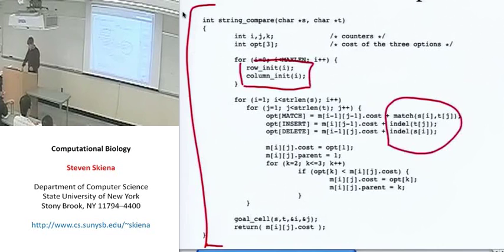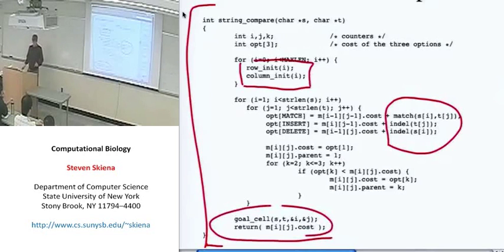You can specialize it by the cost to delete a character, to insert characters, or substitution costs. And there is one final customization that you can do, which is where is the end cell that ultimately has your answer in the matrix.